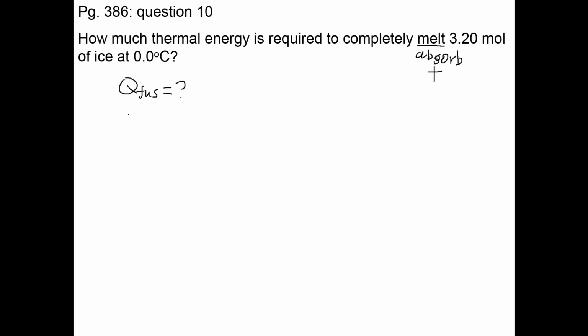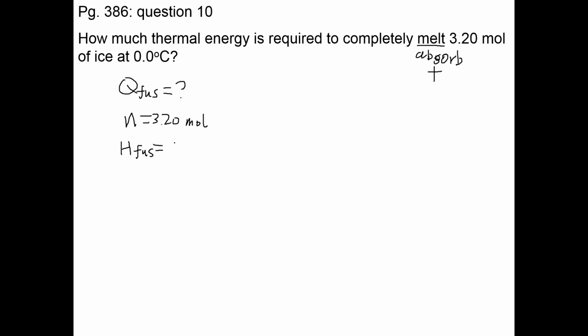We know the number of moles is 3.20 moles. And the heat of fusion for ice, right? Ice to water is fusion. Freezing is the opposite of fusion, which is solidifying.